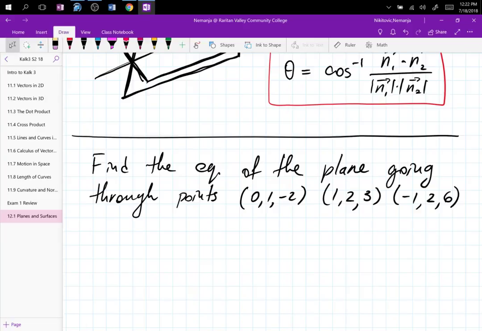Yeah, so that's that. So now, how would you find the equation of the plane having 3 points? First off, you ask yourself, what do you need for the equation of the plane?